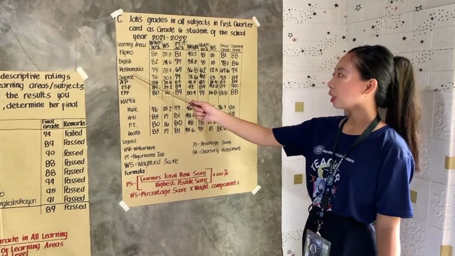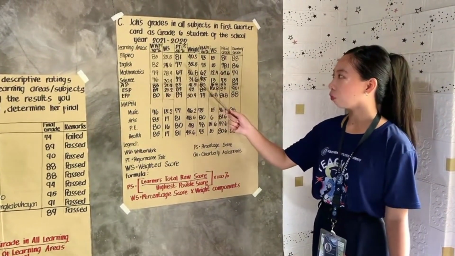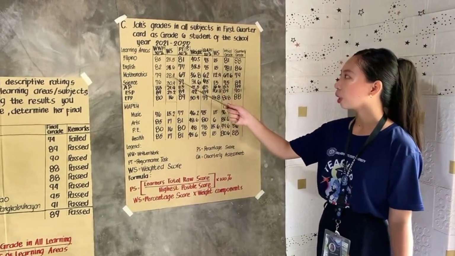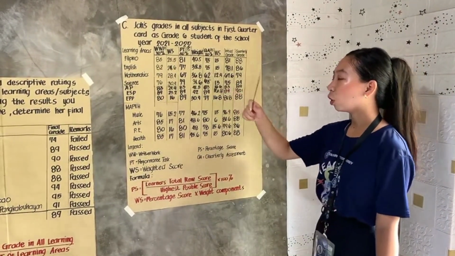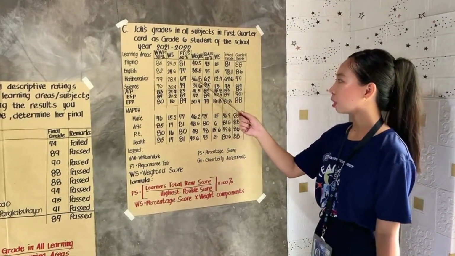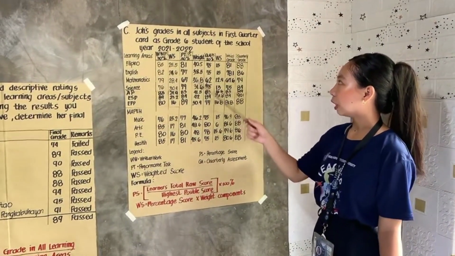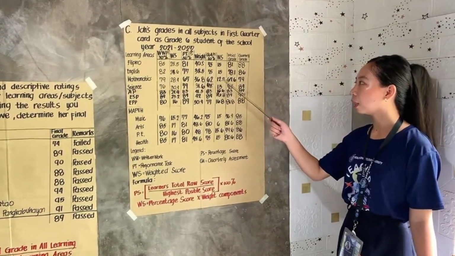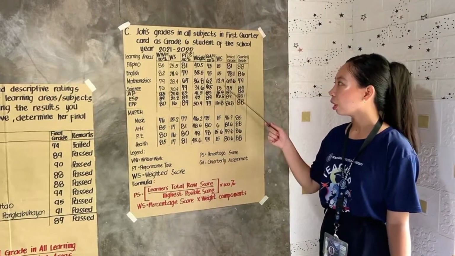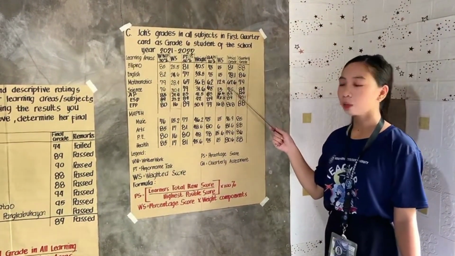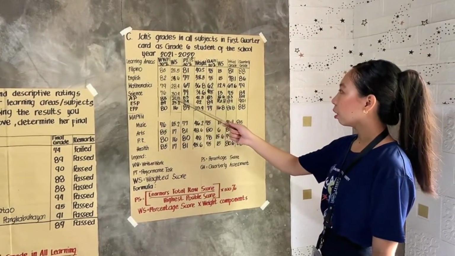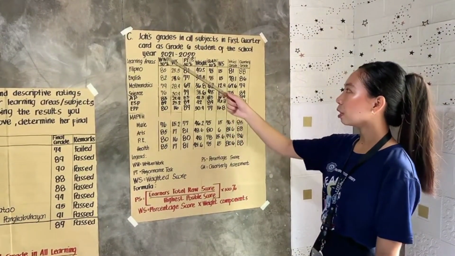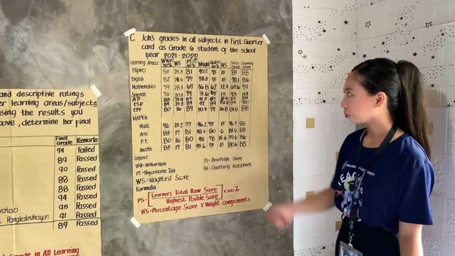In mathematics, he got 28.4 as a weighted score in written works, and in performance task, he got 36.8, and in quarterly assessment, he got 12.4, so that would be 67.6. In science, he got 30.4 weighted score in written work.